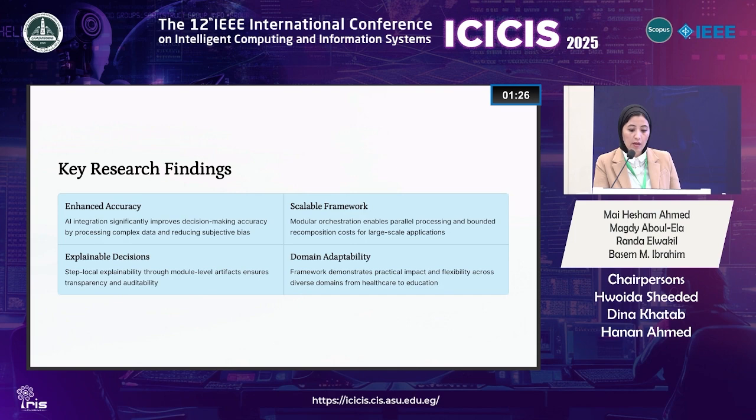And here we have a scalable framework, meaning we can have this process done at scale, with domain adaptability. This can be adopted across multiple applications and domains.